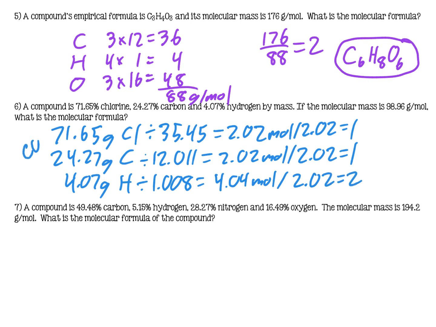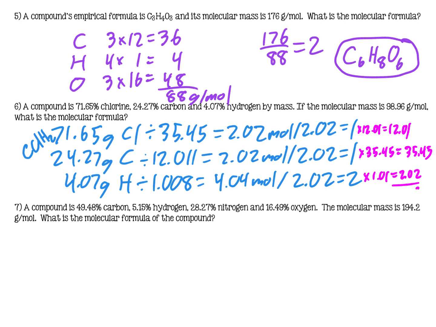Now let's put our subscripts on the different atoms in the compound. This means that we need one carbon atom with a mass of 12.01, one chlorine atom with a mass of 35.45, and 2 hydrogen atoms, each with a mass of 1.01. When we add all of these together, we get the empirical mass.